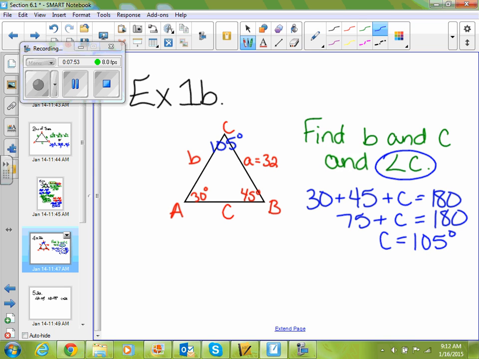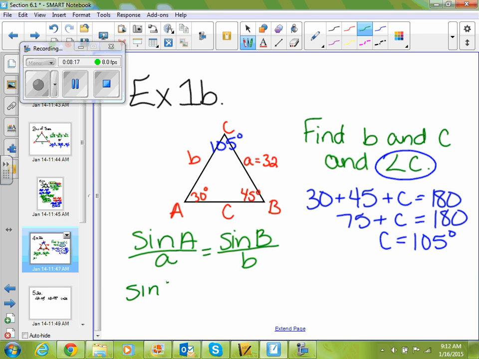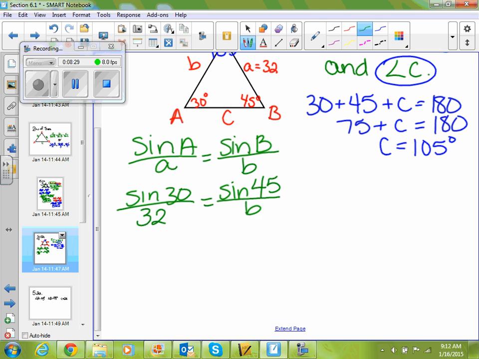Okay, now that I have all my angle measures, I can go into using my law of sines to find my side lengths. So I know sine of A over side A equals sine of B over side B. My angle A is 30 degrees, so sine of 30 degrees over side A, which is 32, equals the sine of 45 degrees over side length B, which we don't know.